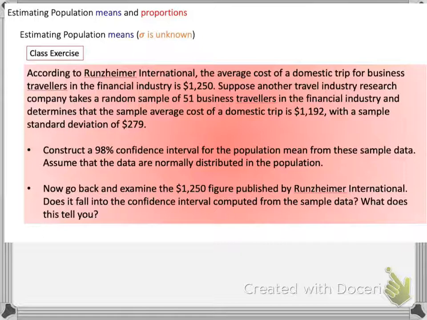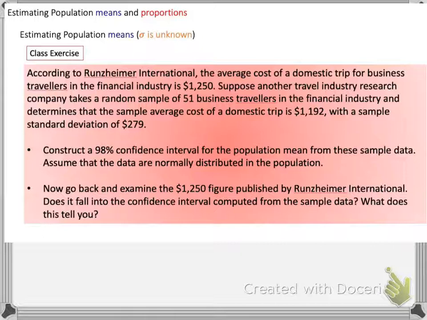Suppose another travel industry research company takes a random sample of 51 business travelers in the financial industry and determines that the sample average cost of a domestic trip is $1,192 with a sample standard deviation of $279. Construct a 98% confidence interval for the population mean from these sample data. Assume that the data are normally distributed in the population.